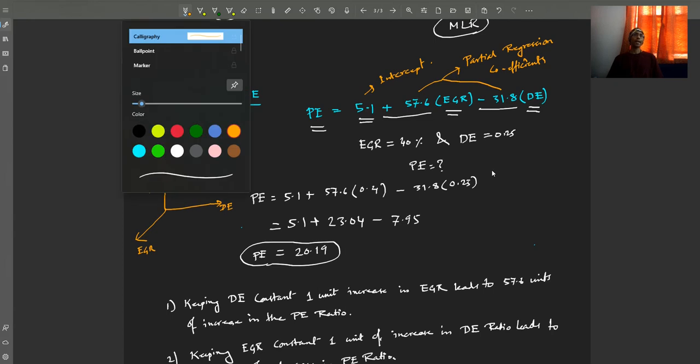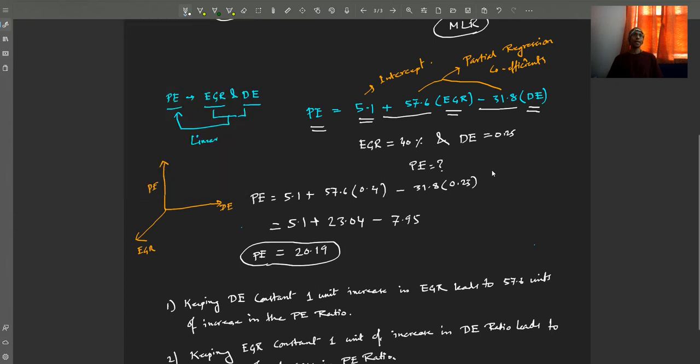So if we draw a line at 0 EGR and 0 DE, PE is somewhere here. And then the line moves like this. Like the shadow of this line can fall somewhere like this. So this is a 3D way of explaining this equation.